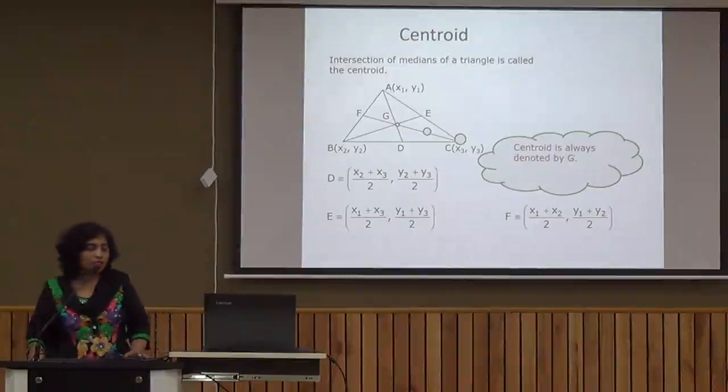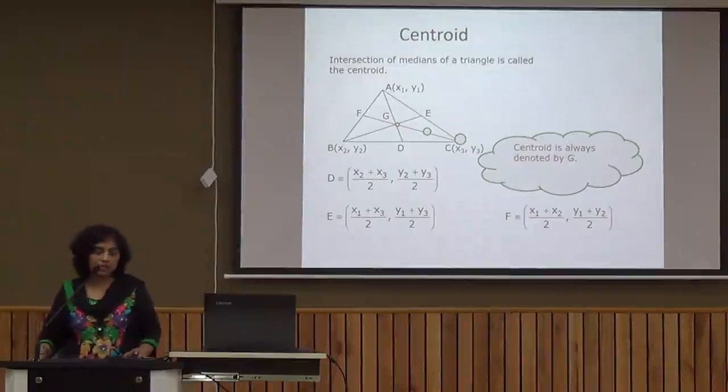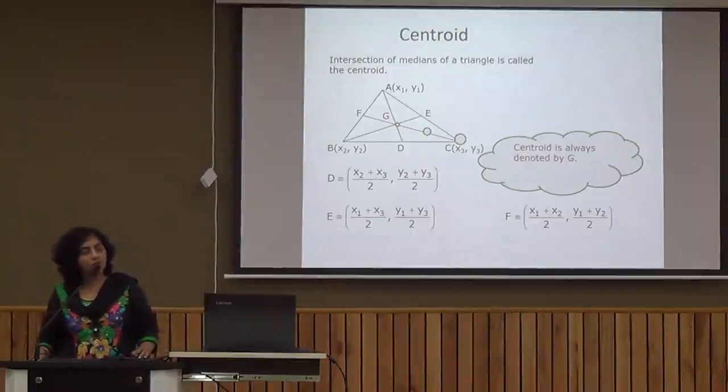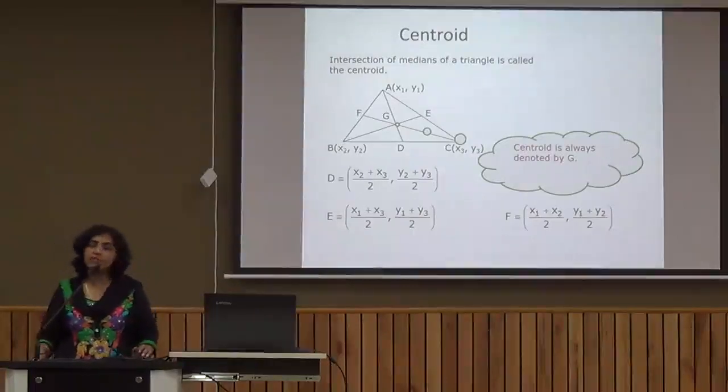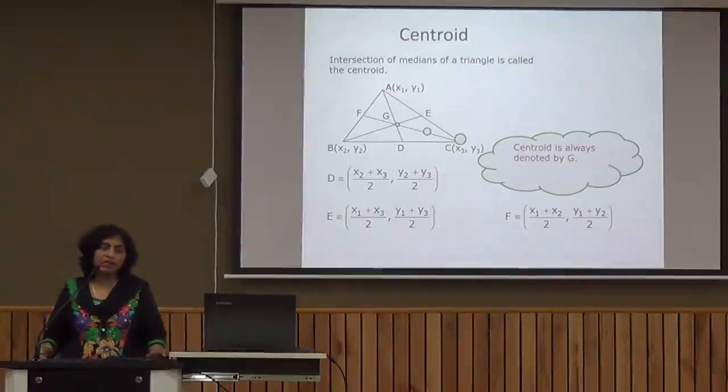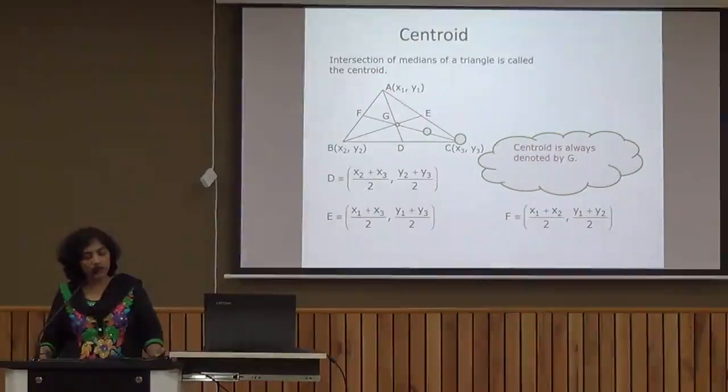So first we take AD as the median on the line BC, and we find the coordinates of D. Since D is the midpoint of BC, we get the coordinates of D as x2 plus x3 upon 2 and y2 plus y3 upon 2.